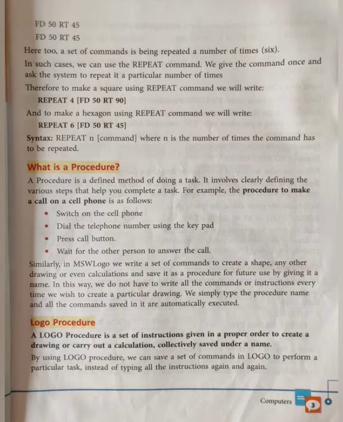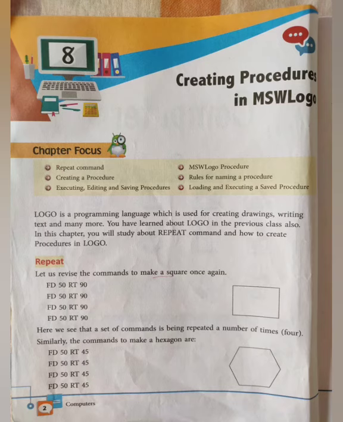As for example, if we take 4 times of forward command 50 and repeat command 90, then we are able to make a square shape. So see here in this picture, forward 50 and repeat 90. These two commands, if we use 4 times, then we will make a square object.